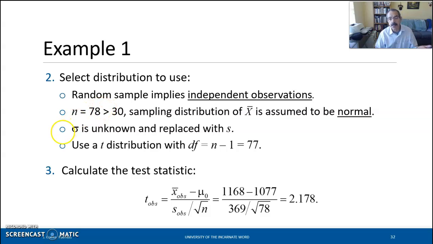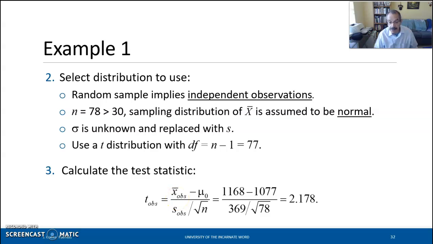Then based on the central limit theorem, we can say that the sampling distribution of the mean is normal. Also, the population standard deviation is unknown, and we're going to replace it with the sample standard deviation. So all these three conditions tell us that we should use the t-distribution with 77 degrees of freedom.